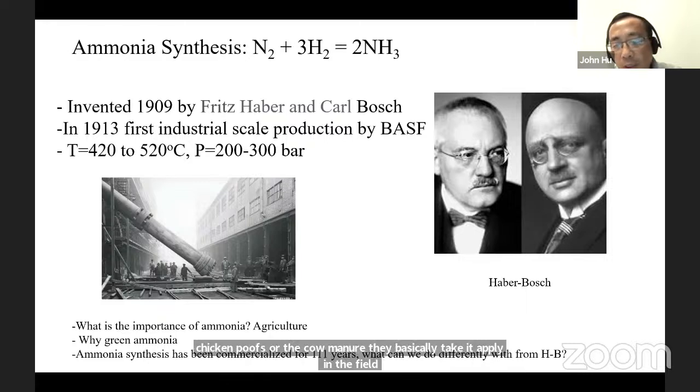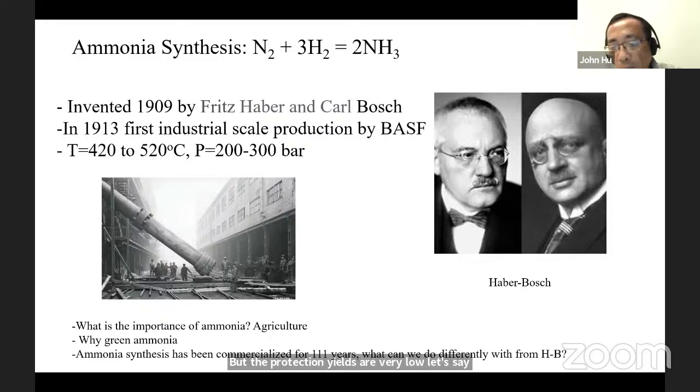Let's say 1 acre probably produced very little crops because you don't have enough fertilizer, because that's the old days of agriculture. If you look at today, because you apply urea or ammonia fertilizer, the productivity of 1 acre of land grows much faster, much more.